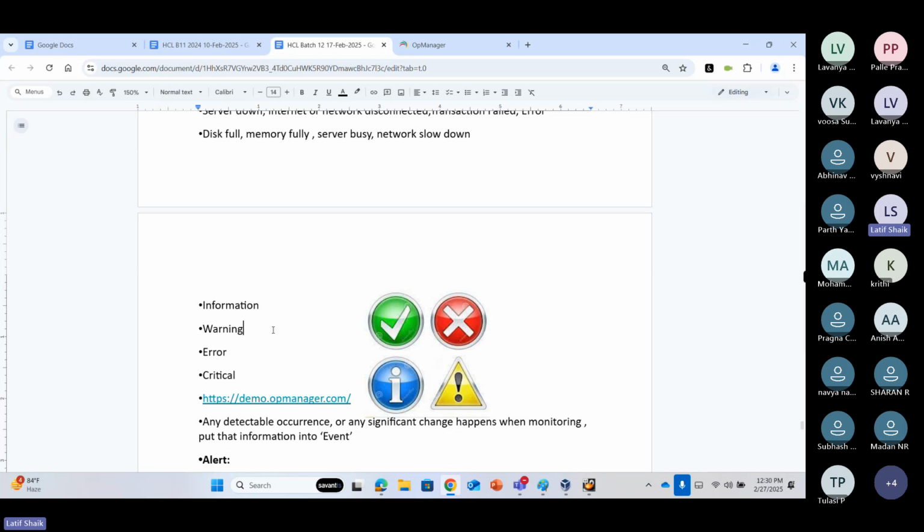So when it crosses that threshold level, you have to be careful and do something to keep it in a normal load position. So that's warnings, errors and criticals. Usually down issues, unavailability, disconnections, failures come under errors and criticals.